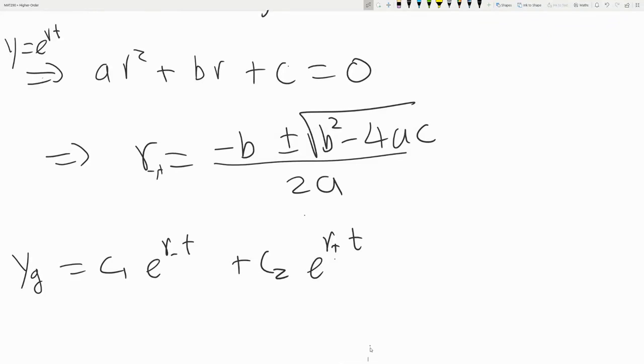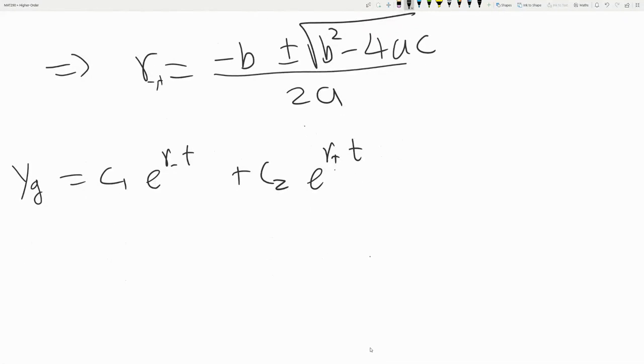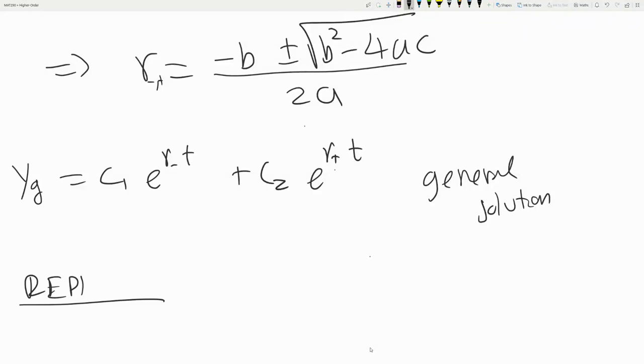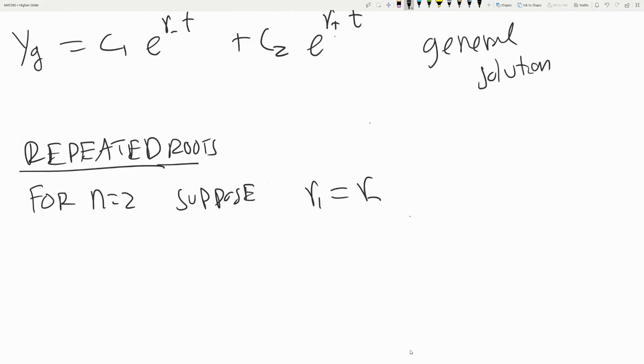Okay, so these are the two solutions to our ODE. Okay. Case 2. We will do this only for n equal 2, repeated roots. So suppose r_1 is equal to r_2.